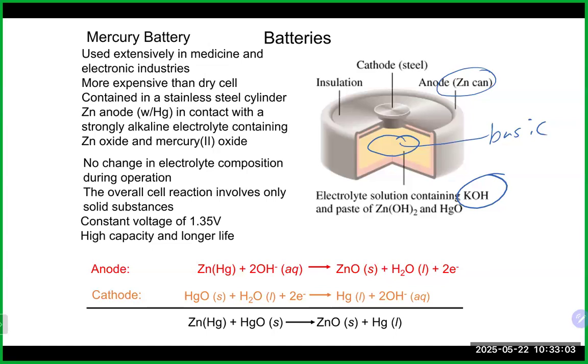And there's no change in this electrolyte composition during operation. So with this not really changing all that much, it hangs around a long time, allows this to last for a long period of time, have a longer life without any degradation of our salt bridge acting thing here.